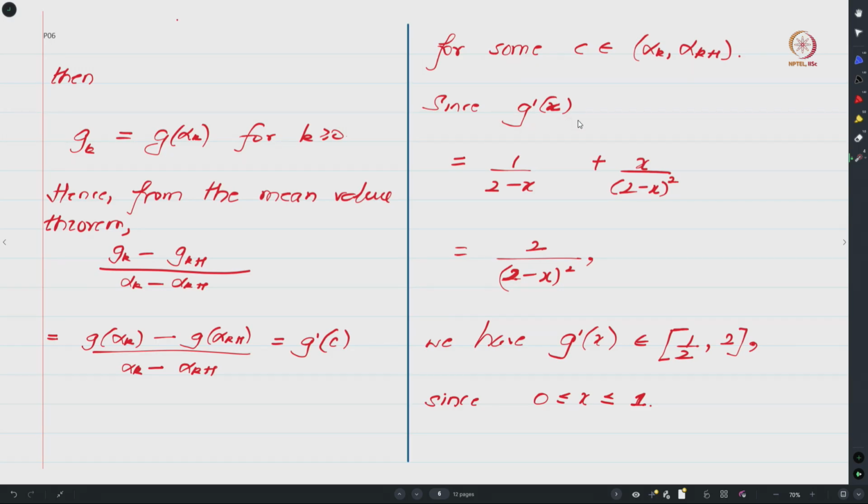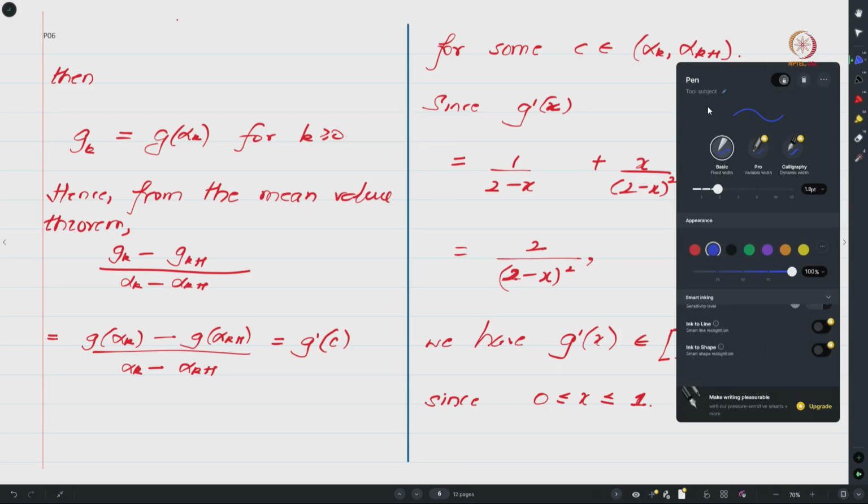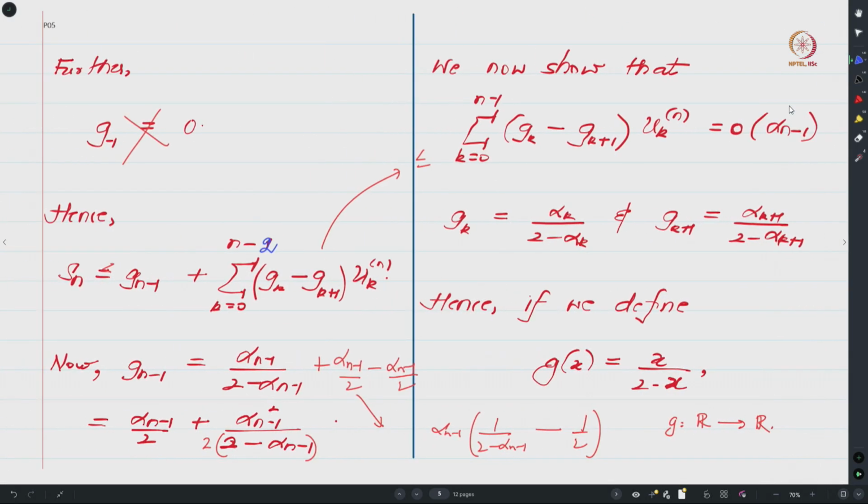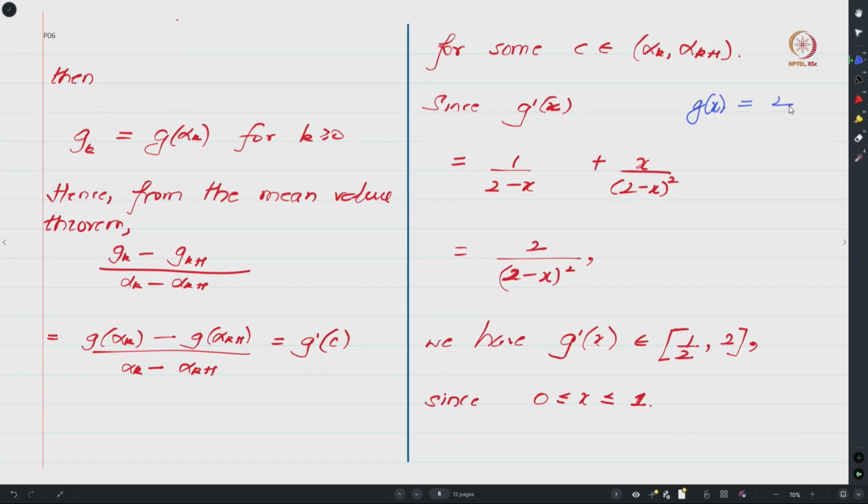x, right. A simple calculus shows that since g of x is x by 2 minus x, the derivative of this expression will indeed be this.